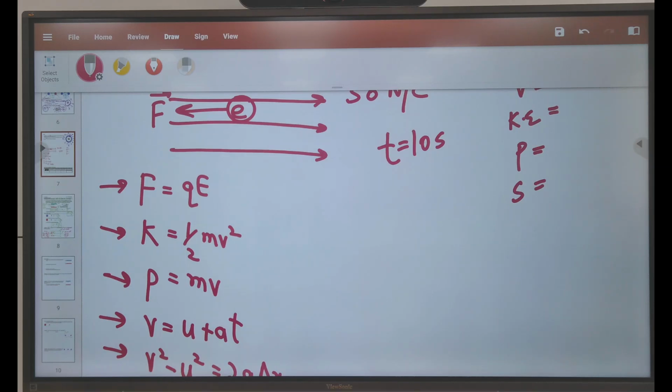You find the velocity from the equation. Which one? Last one. What? 50 electric field. How will I get it from the last one? Yeah, U is 0, it is at rest. It was released. You find A first.